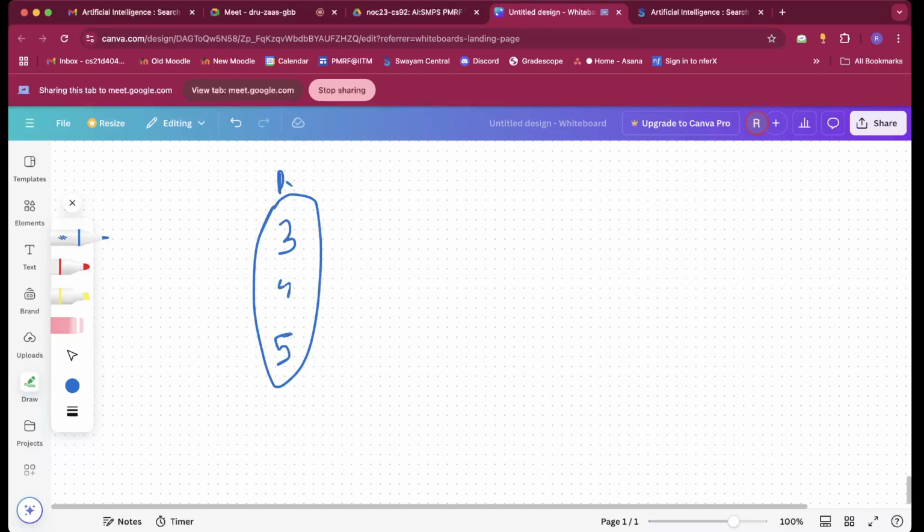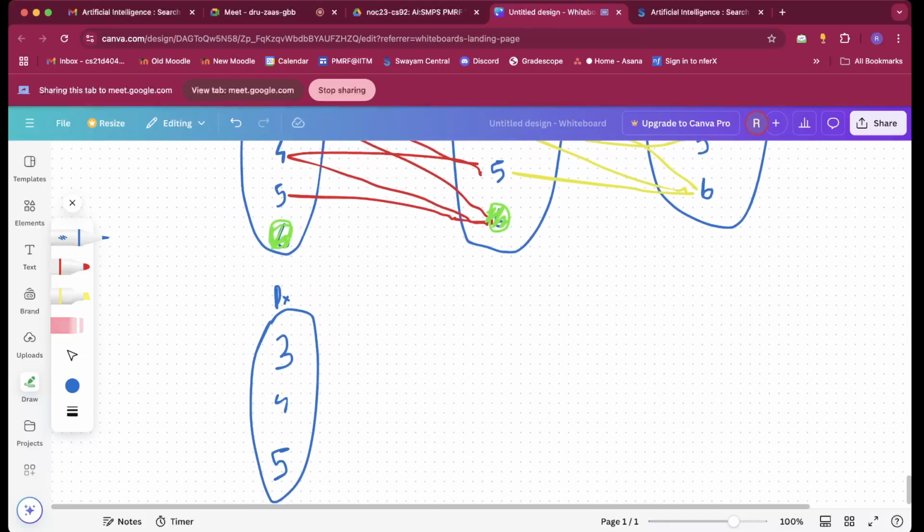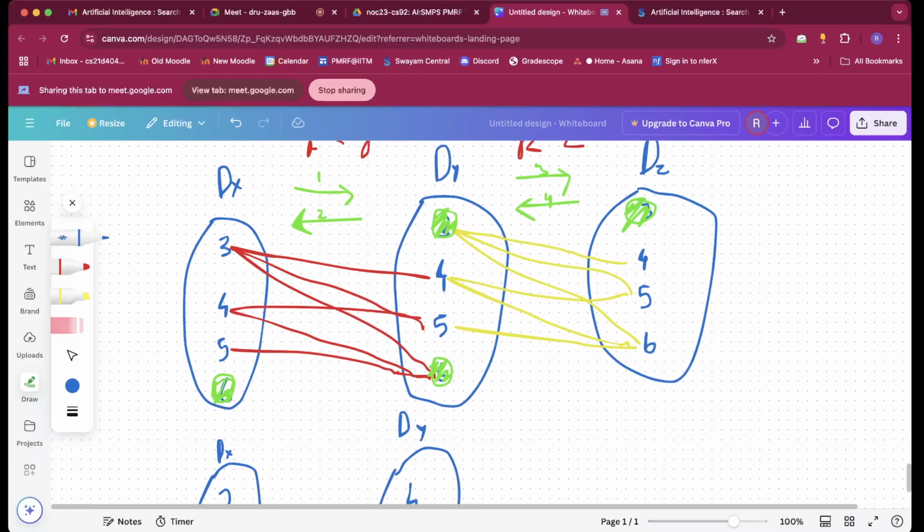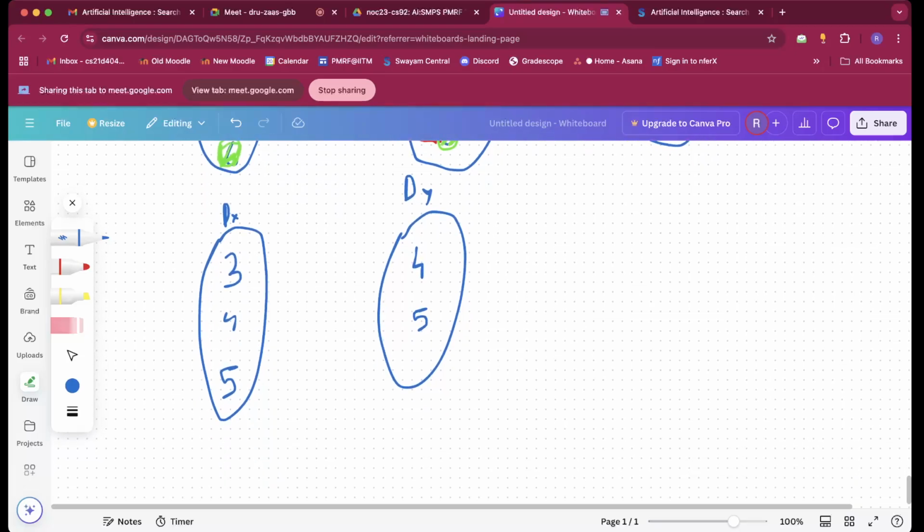This is dx. In dy we have only 4 and 5 left, and then in dz we have 4, 5 and 6 left.